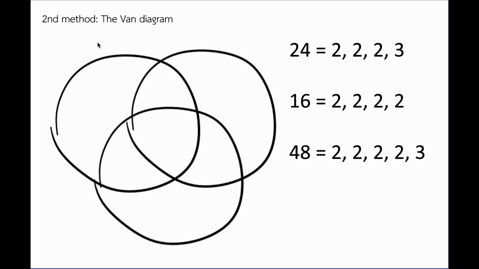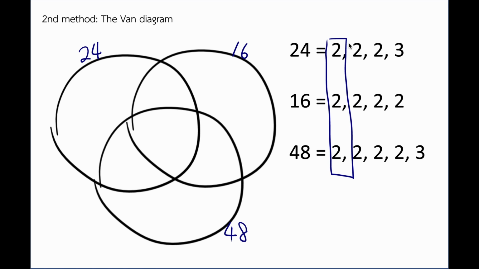Now we're at the second method, to use the Venn diagram. Since we have 3 numbers, we're going to draw 3 circles. This circle is for the 24. This one is for 16. This one for 48. It doesn't matter. So we have, again, a set of 2, another set of 2, and another set of 2.